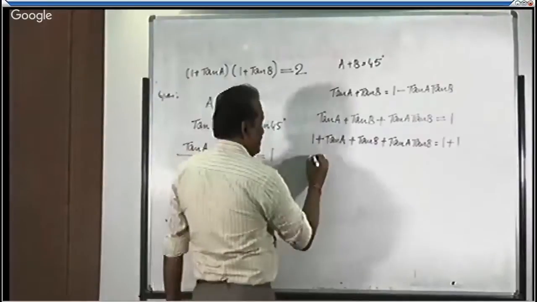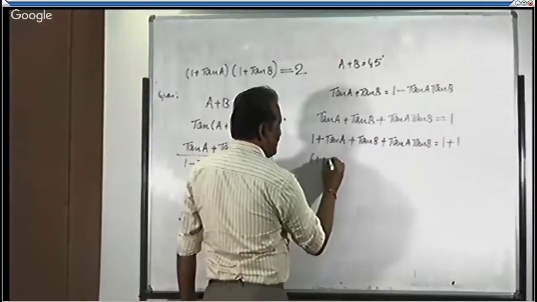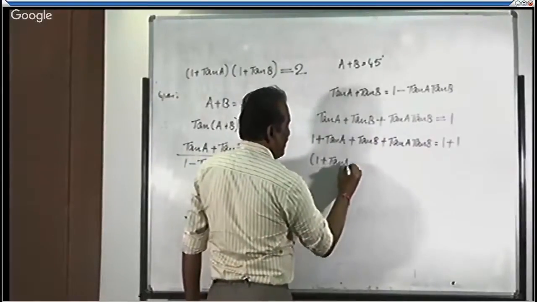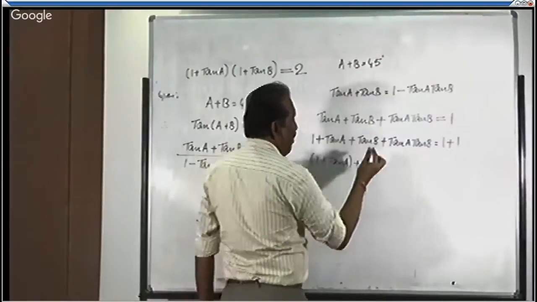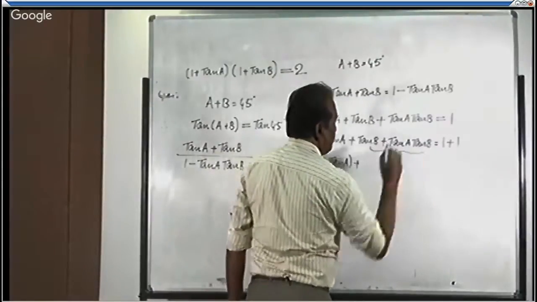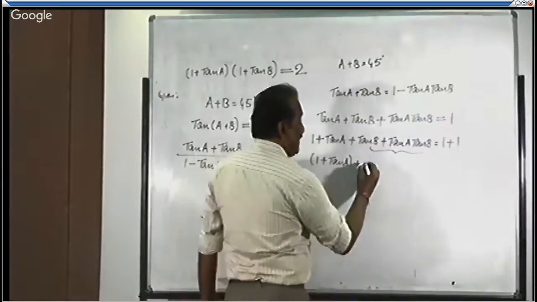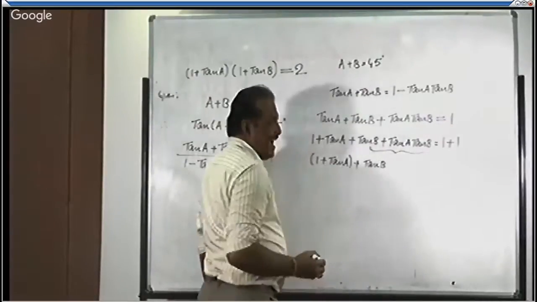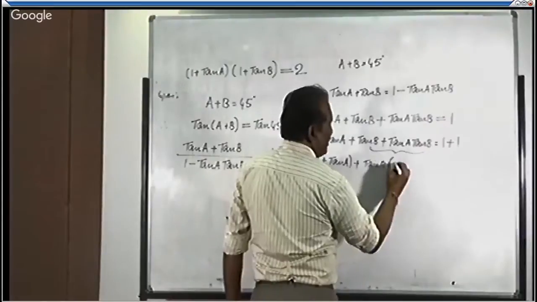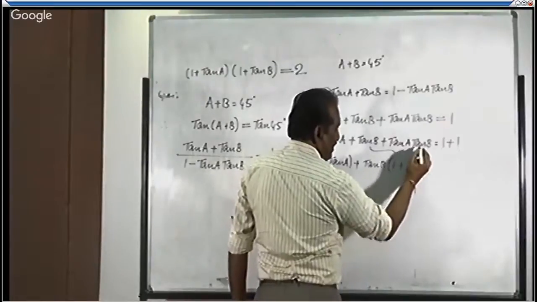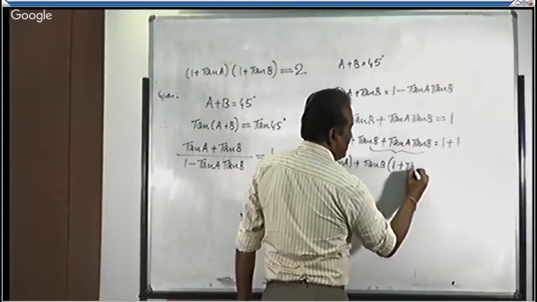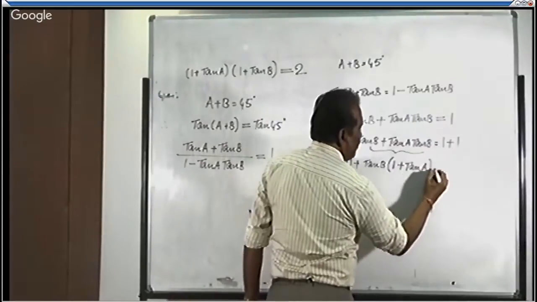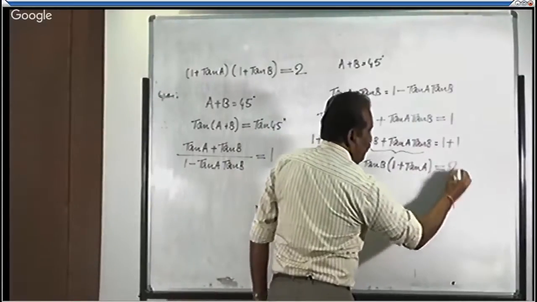Now you just consider 1 plus tan A as one term and out of the other two terms, you can take tan B as a common factor. If you take tan B as a common factor, the first term will be 1 plus, after leaving tan B, the rest in the next term is tan A. Now the RHS is 2.